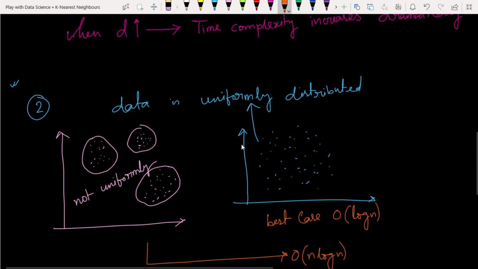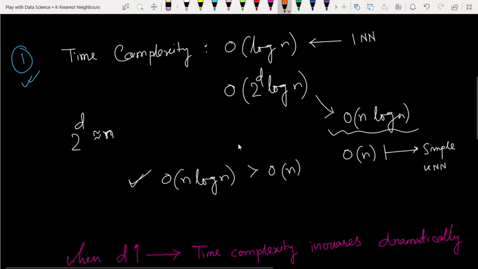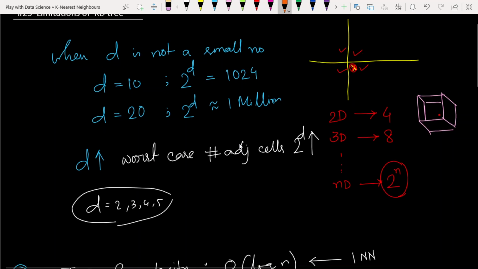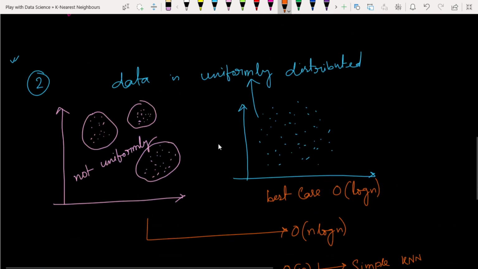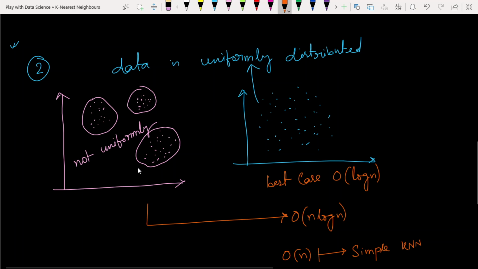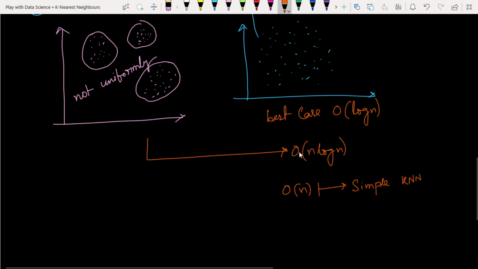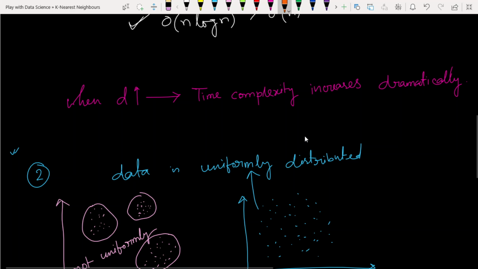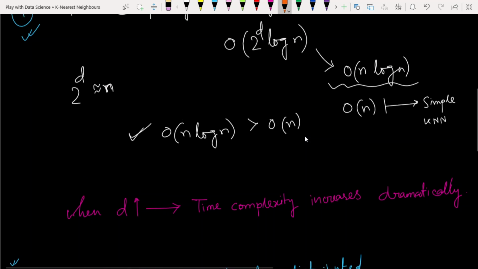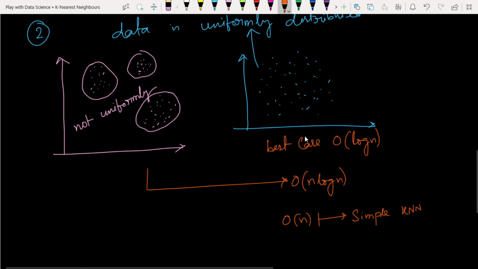But if we use the KD tree to search the nearest neighbor and your data is not uniformly distributed, then the time taken is order of n log n. If our dimension is large, this is not good.